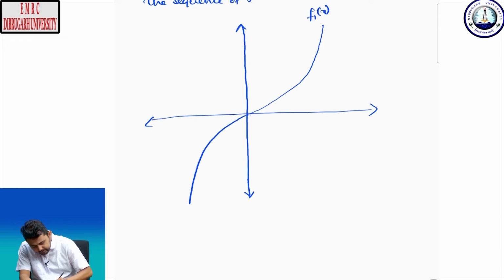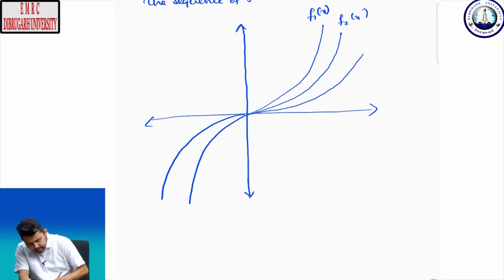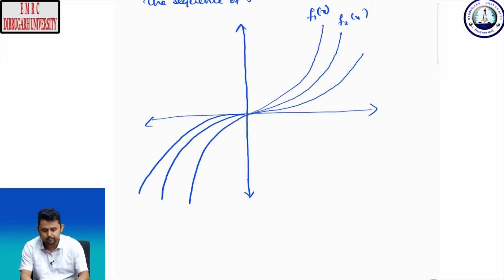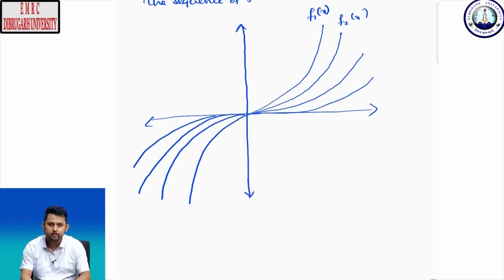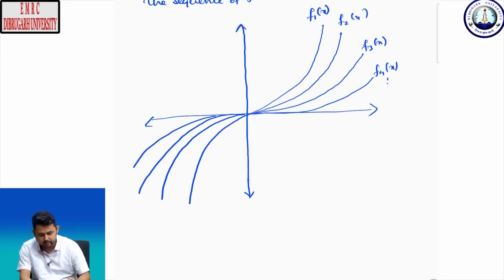So, the graph of that function, f2(x), would look something like this. The third term of the sequence will look something like this, the fourth term something like this, and so on. So, it is quite easy to observe that this sequence of functions f1(x), f2(x), f3(x), f4(x) and so on, converge to the pointwise limit f(x) equal to 0.